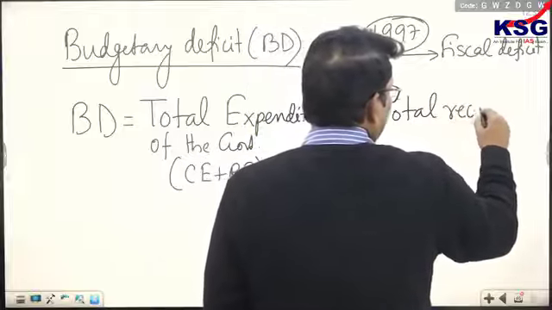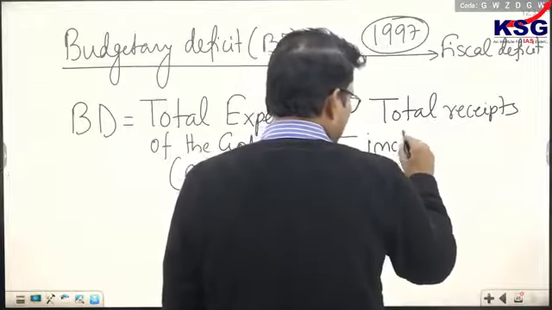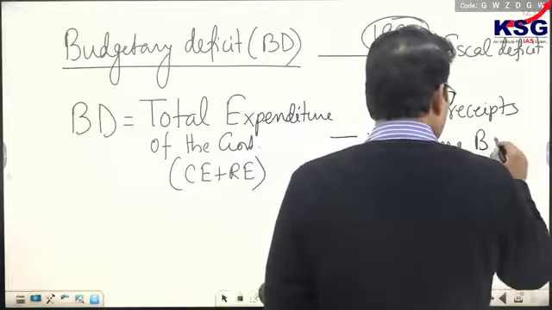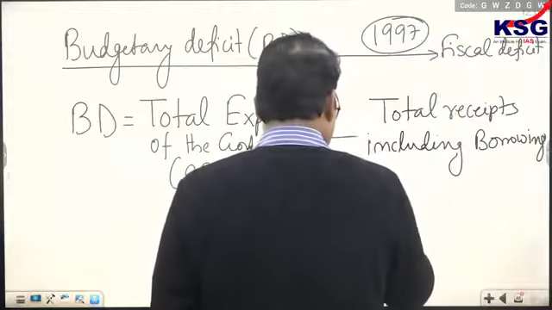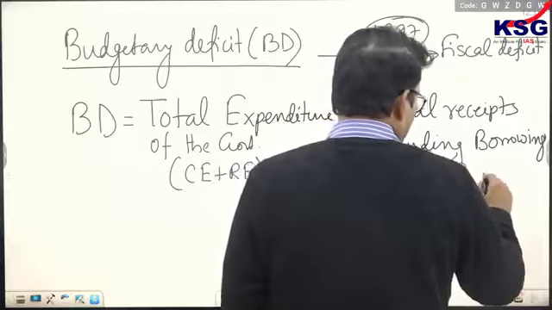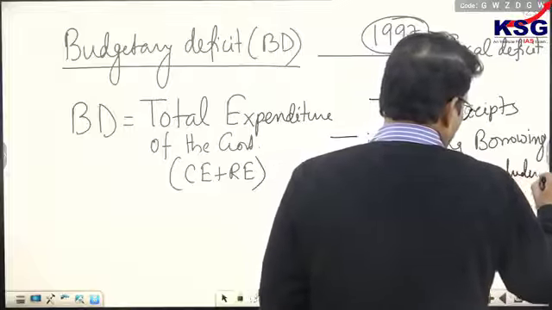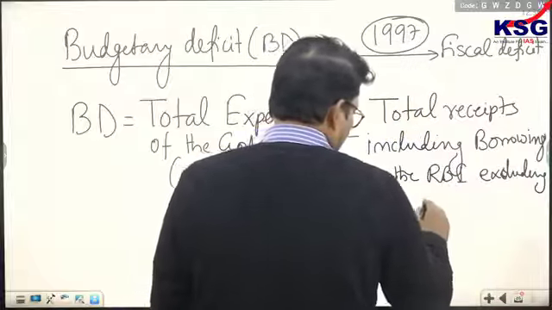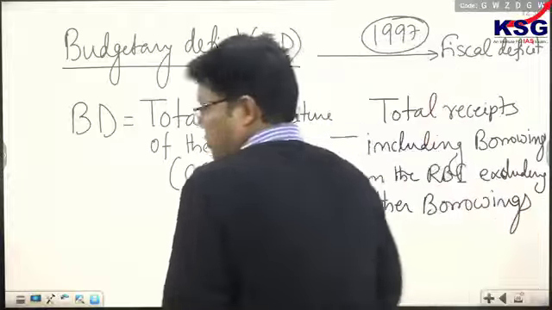Total receipts including borrowings from the RBI, and excluding other borrowings. Yes, these definitions you have to understand.